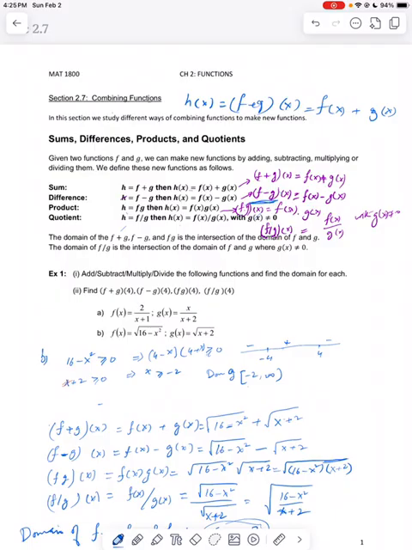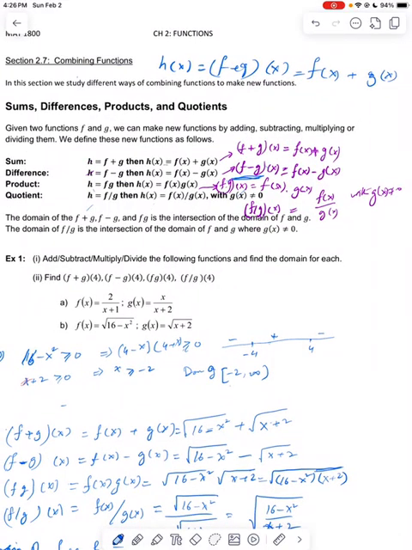Our first function f of x is the square root of 16 minus x squared. So I pick up 16 minus x squared, and here I have it greater than or equal to 0. What do I do next? I factor. So I have 4 minus x times 4 plus x greater than or equal to 0.